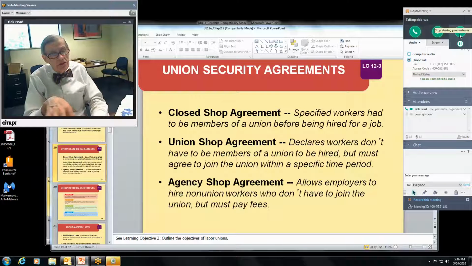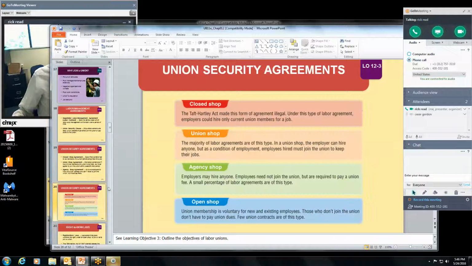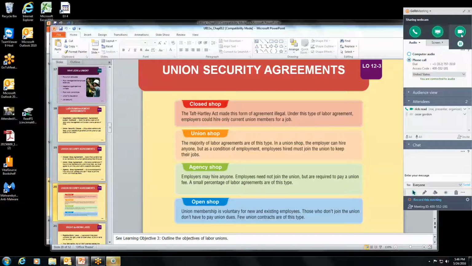And then an agency shop allows the employer to hire non-union members who don't have to join, but do have to pay union dues. And then the last is, and it's down here at the bottom, it wasn't on that particular slide, the open shop.